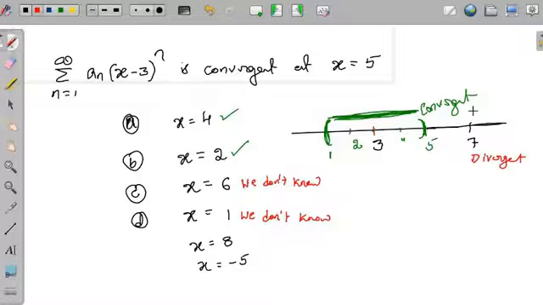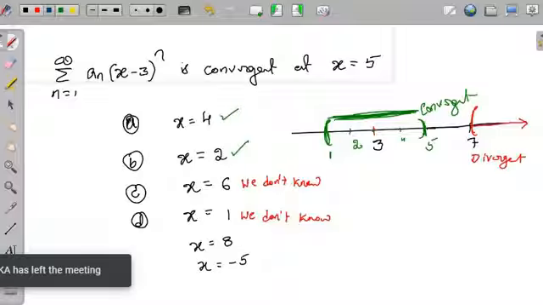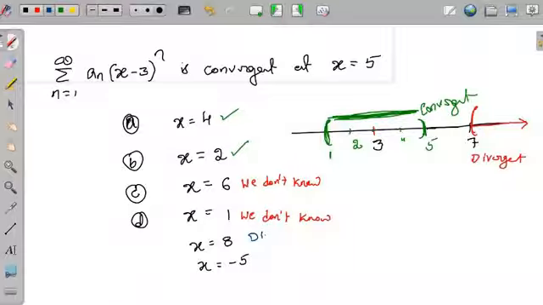At 7 it is divergent. It means from 7 onwards it's going to be divergent for sure. So what is it at 8? Divergent. Yeah, this is going to be divergent.